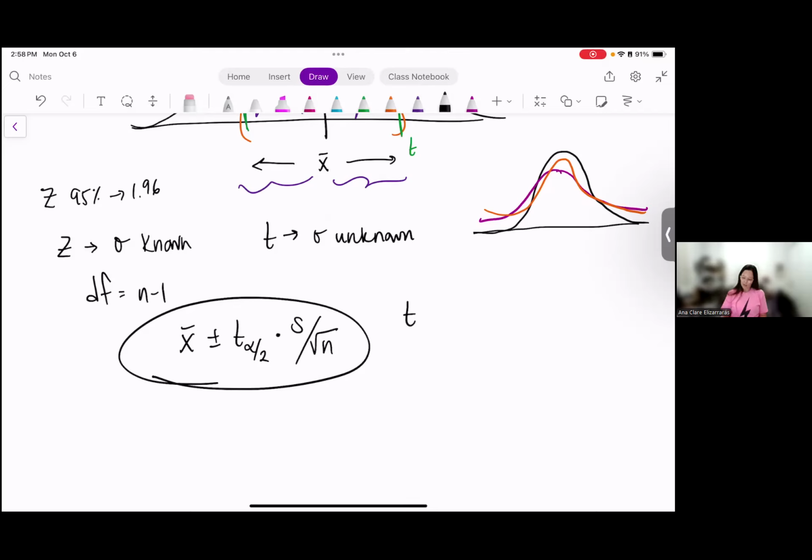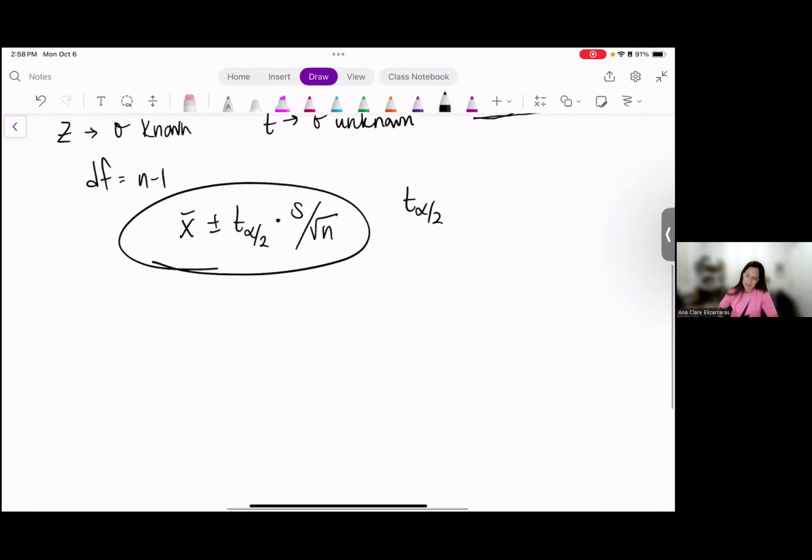What is this t alpha over 2 mumbo jumbo? Alpha is the complement of your confidence level. So it tells us the area that we need to capture when we're using a calculator to find the t-value. So stick with me here. If we want a 95% confidence level, then alpha is going to be 1 minus the confidence level.